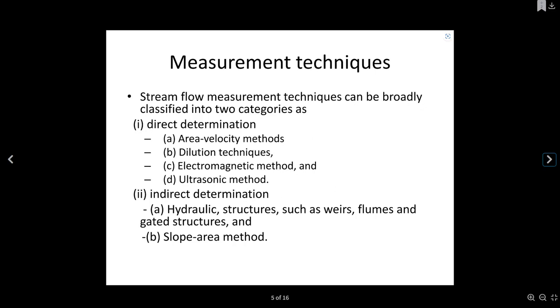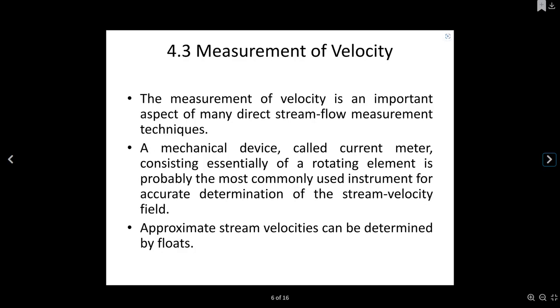Direct determination, ibig sabihin, we use yung mga sophisticated na instruments in order to directly compute yung ating discharge. Indirect determination, what we usually use is yung mga weirs, flumes and gated structures. So di ba, those are flow measuring devices that we've learned from hydraulics, para ma-compute yung ating discharge.